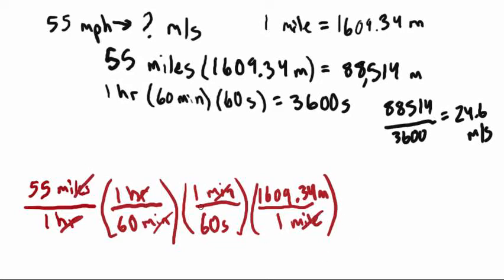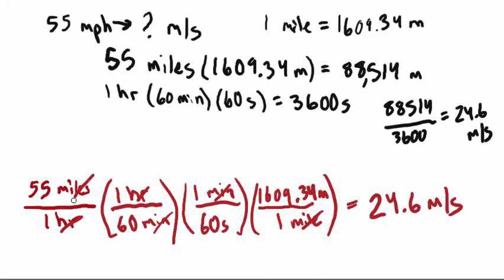So that will leave me with meters per second. Okay, so I multiply all of my top numbers, 55 times 1,609.34, divided by 3,600, divided by 60 twice. And again, that gives us 24.6 meters per second.